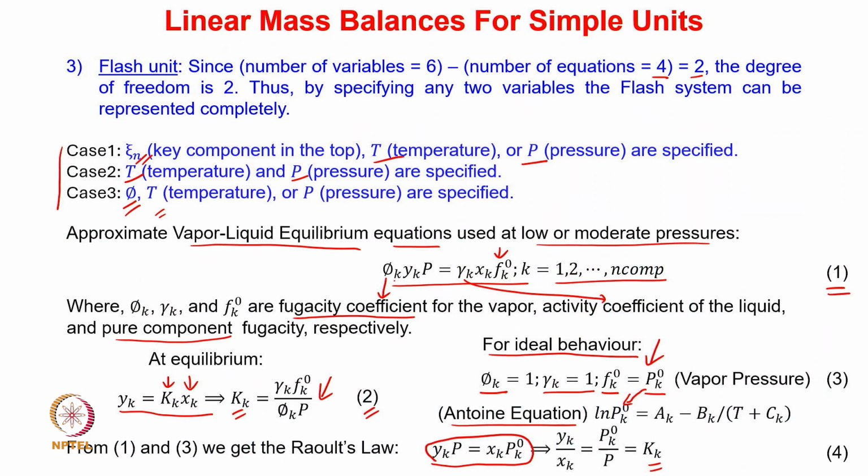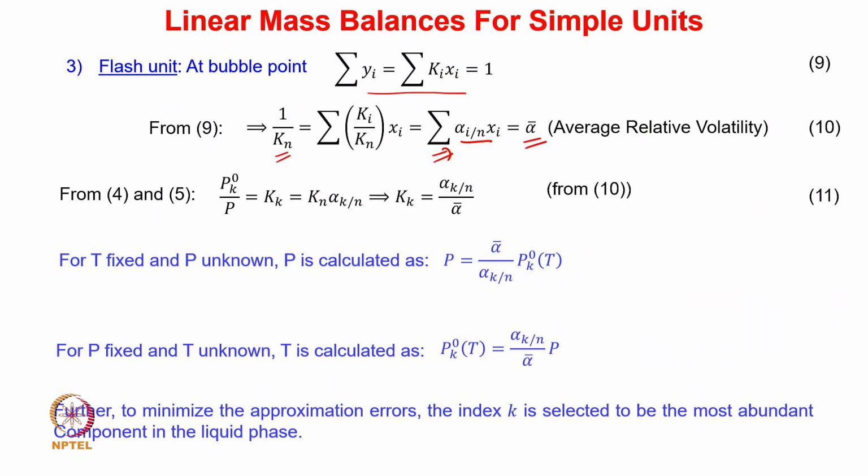Just wait. So see, this is equation number 4. You can see kk is given as pk naught by p. This is nothing but the ratio of vapor pressure divided by total pressure, isn't it? So the same expression is used here. So pk naught by p is kk, correct?